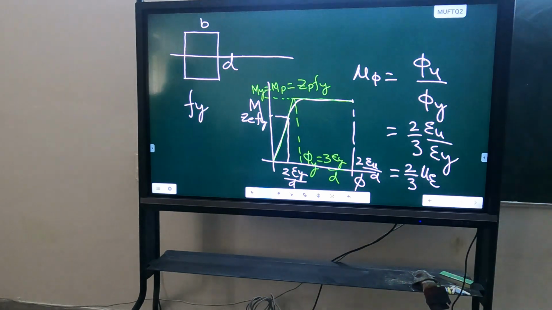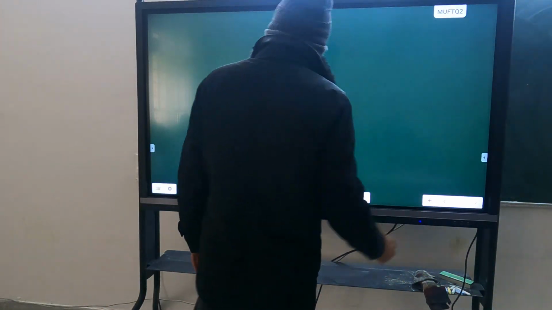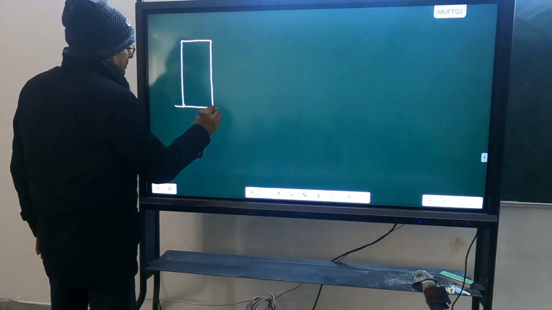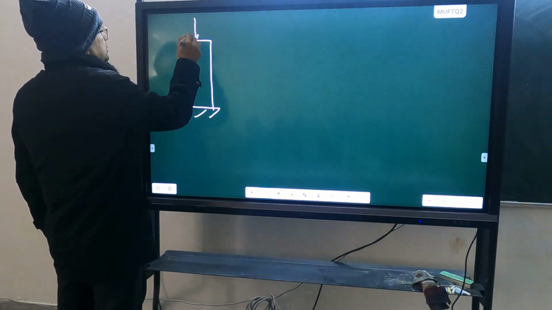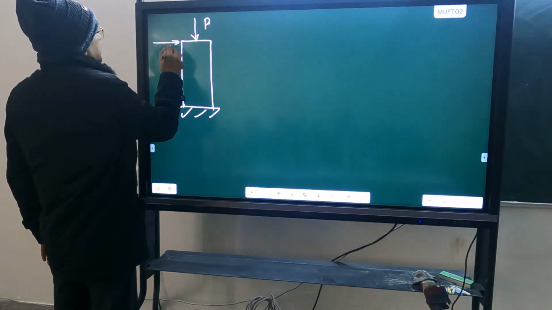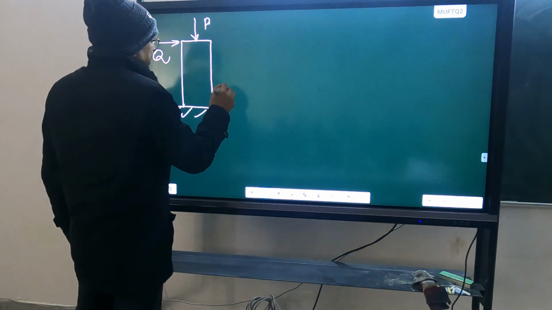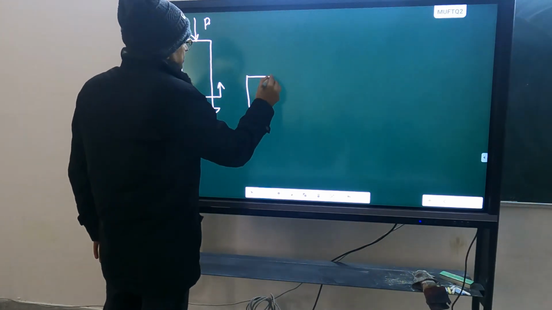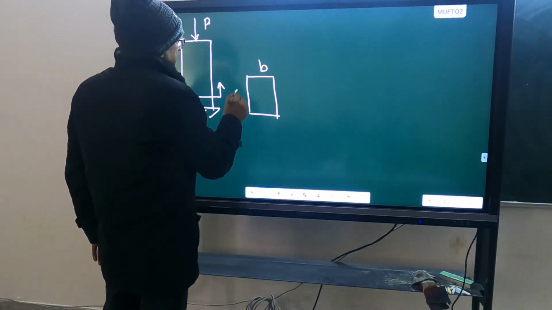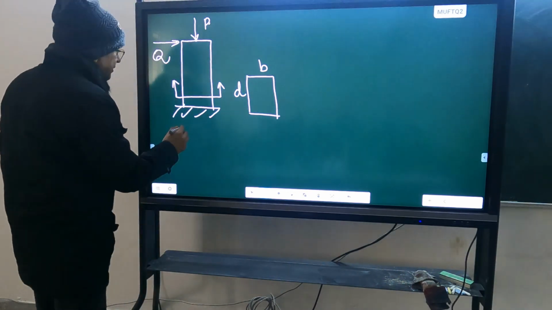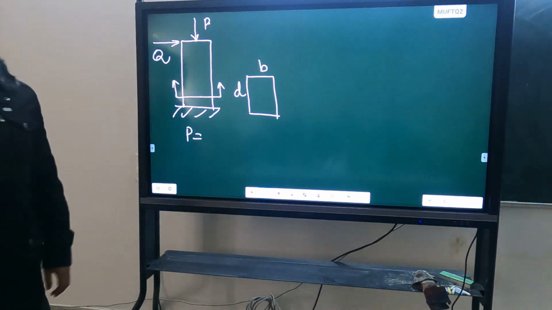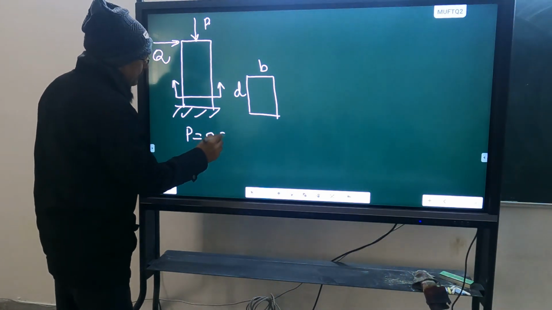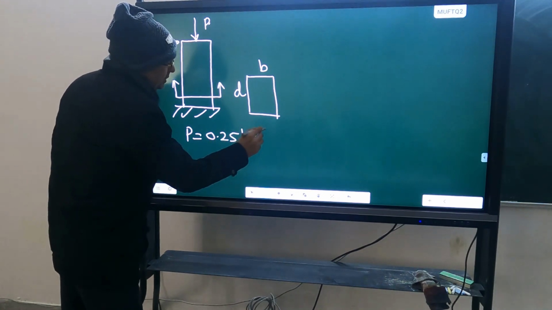So let us say that this same section, let's say this is a cantilever, it is subjected to a force P and lateral force Q, and this P I told you as 25% of its axial capacity. So let us apply 0.25 of Pu.